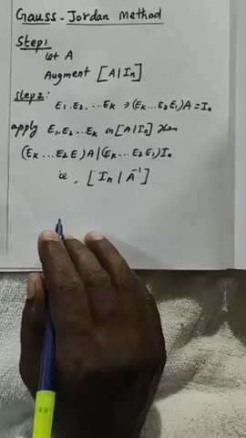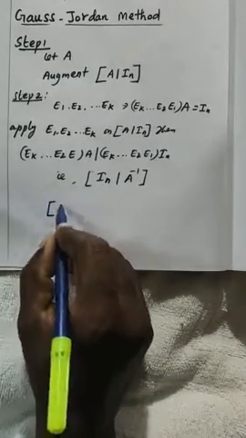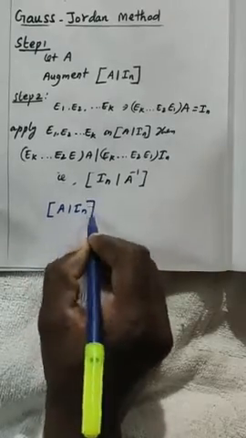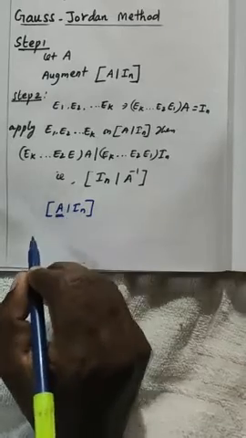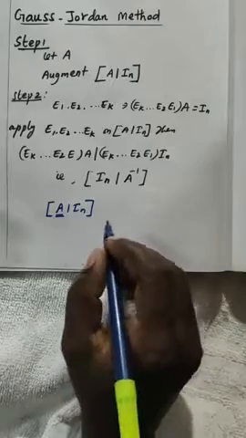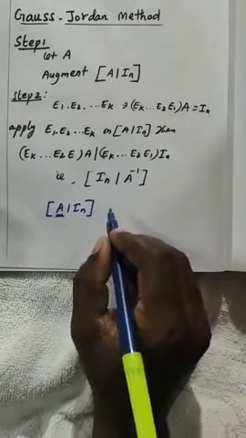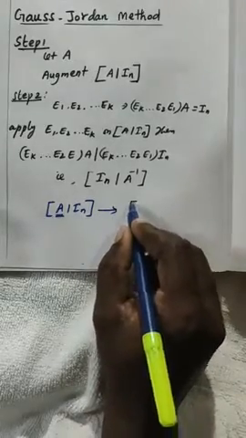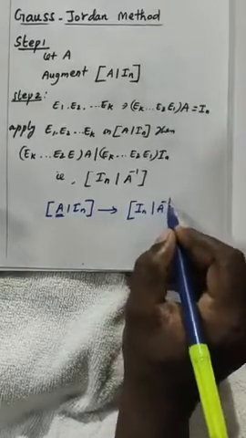For easy understanding, we can say in the augmented matrix, when you change this A with elementary matrices into the identity matrix, then the identity matrix automatically changes into A inverse. In augmented with A inverse.